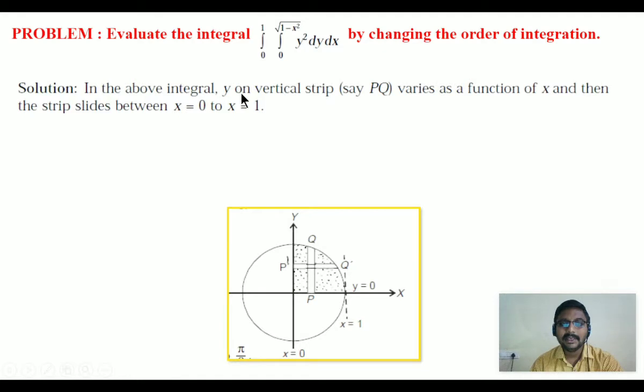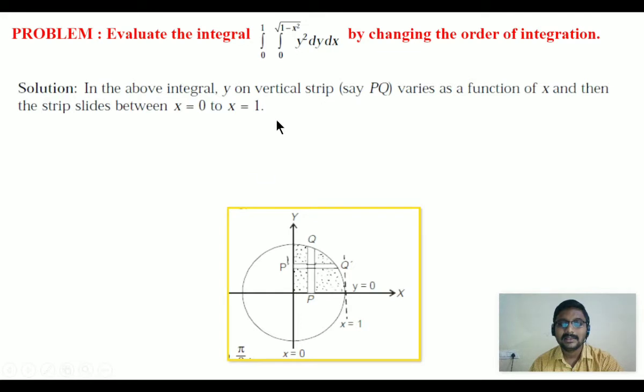In the above integral, we take a vertical strip, the old strip, because here y varies as 0 to root of 1 minus x square. So y varies as a function of x in the first quadrant.